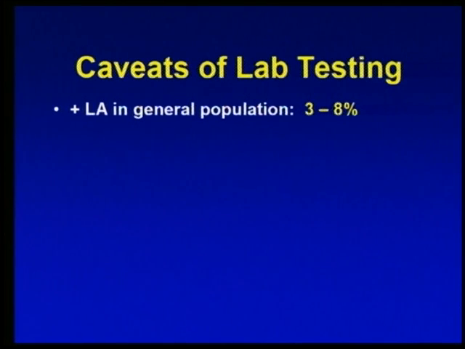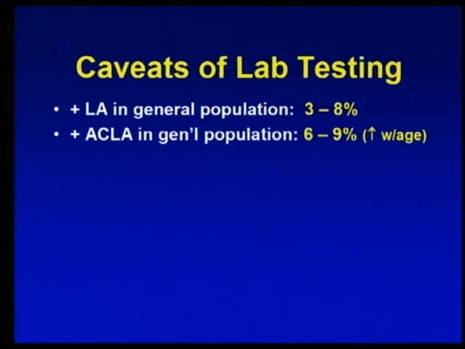In terms of clinical testing, there are a few caveats. One is that we find these antiphospholipid antibodies in healthy, normal folks, and sometimes healthy, normal children. The rate of a positive lupus anticoagulant in the general population is 3 to 8%.